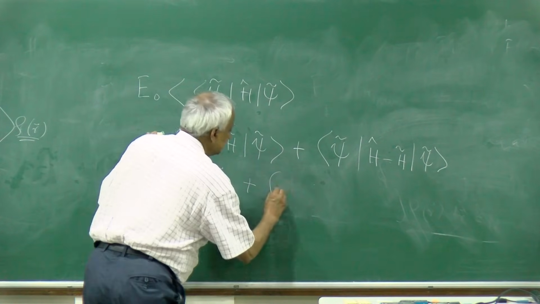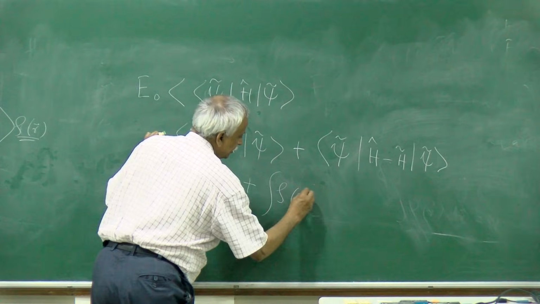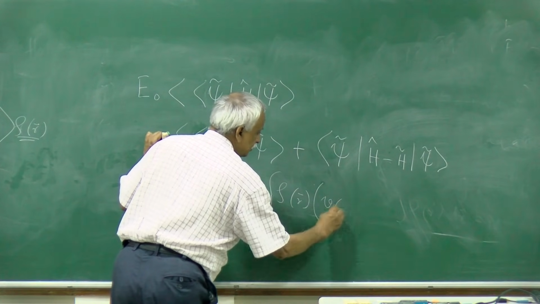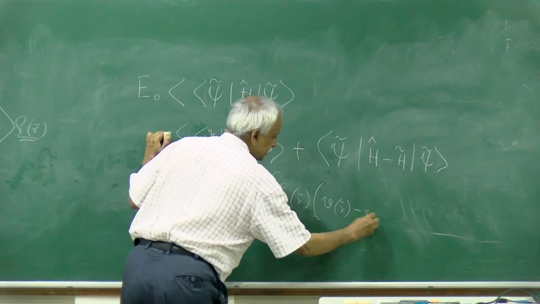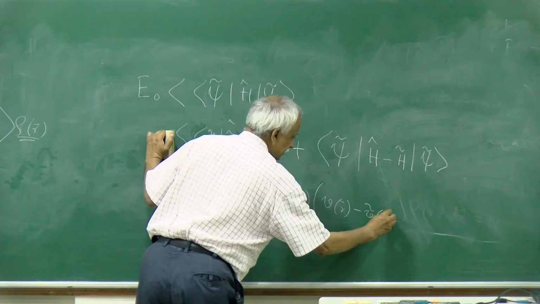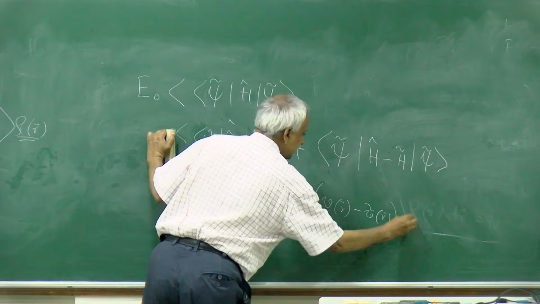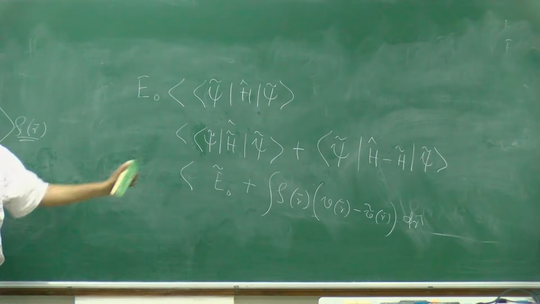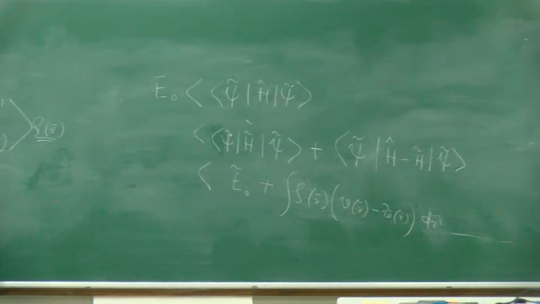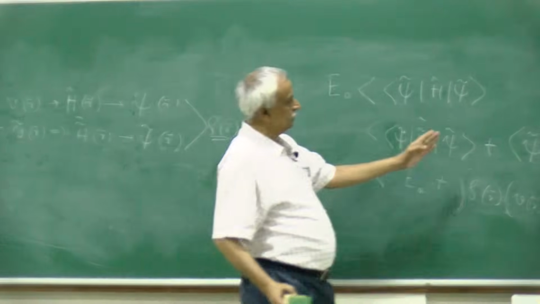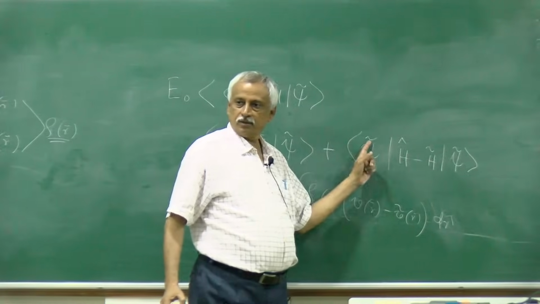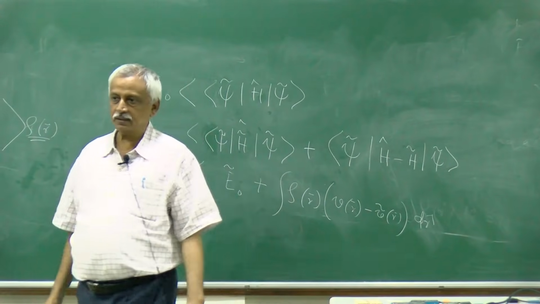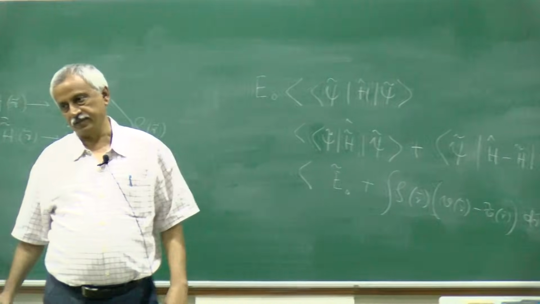So this quantity is just the integral of rho(r) times (V(r) minus V tilde(r)) dr. Because this is a multiplicative operator, I can take it there and write it in terms of density. A one-particle multiplicative operator, that we have already seen.